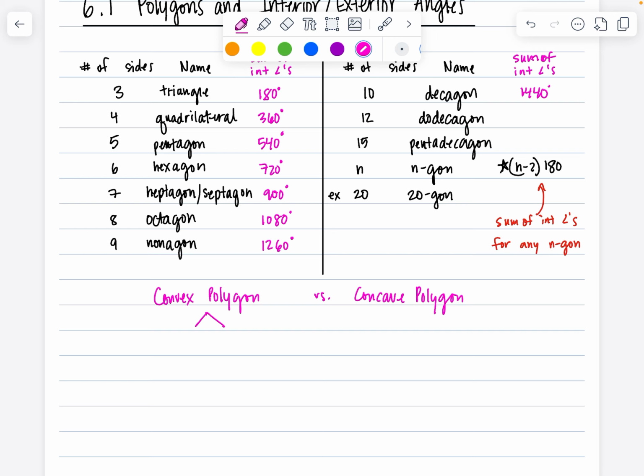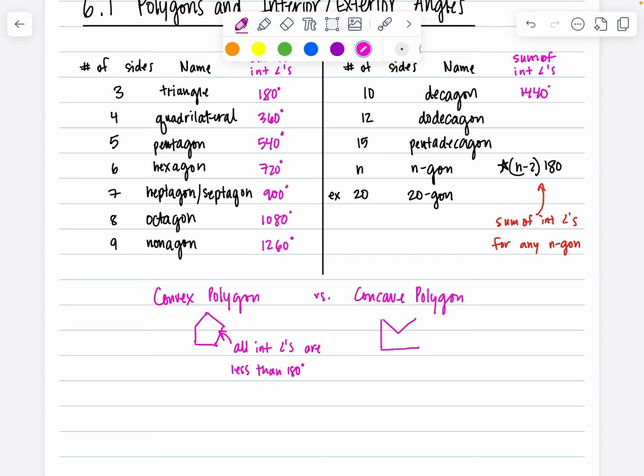In a convex polygon, let's say it's a pentagon, all of the interior angles are less than 180 degrees.